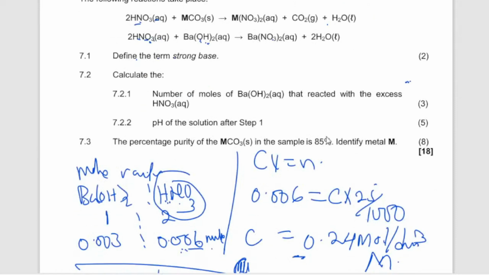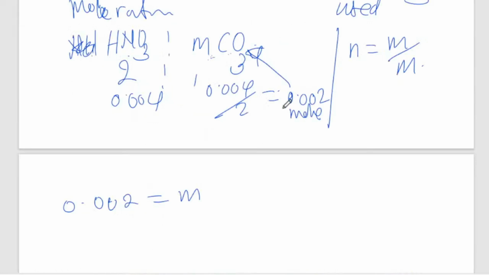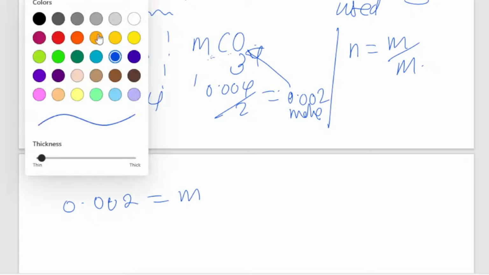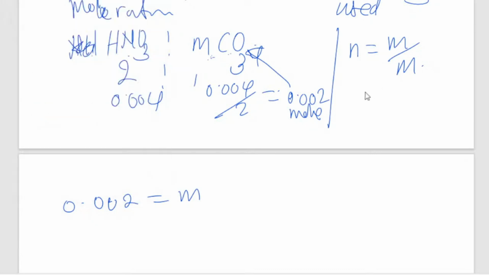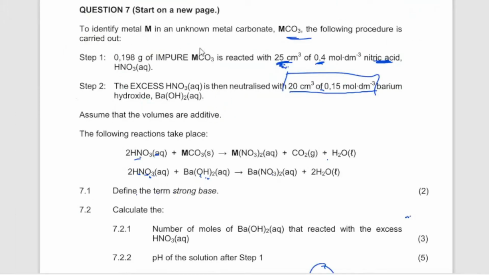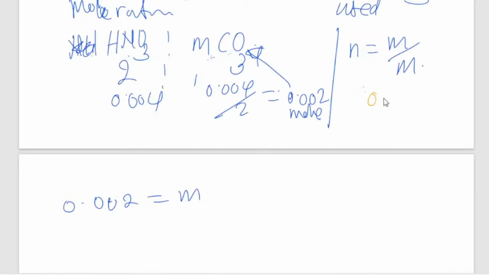They say that only 85% of the sample is pure, so we have to first calculate this out, and then we find out which one is pure. So if you look at this, because they say 85%, I have 0.198 times 85%.